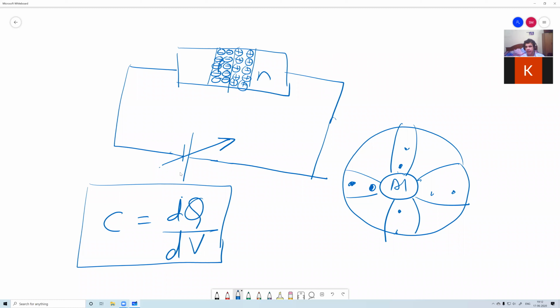And there are some diodes which are designed specifically to utilize this variable capacitance. This type of diodes are called varactor or varicap diodes. Both names are used. Clear?